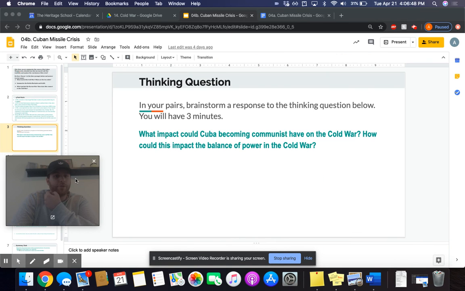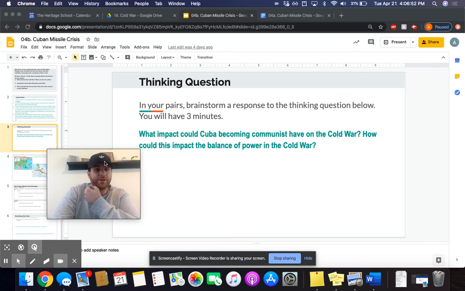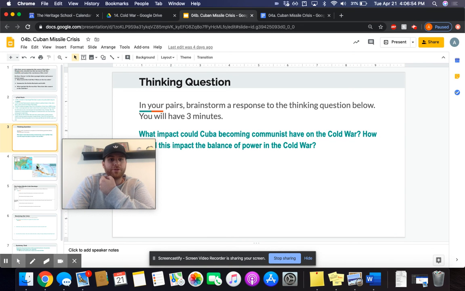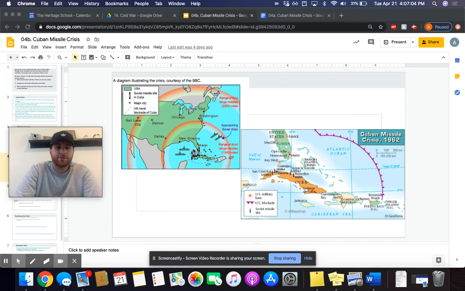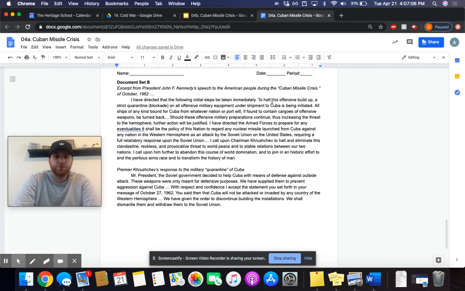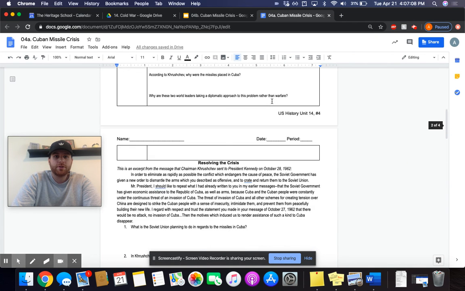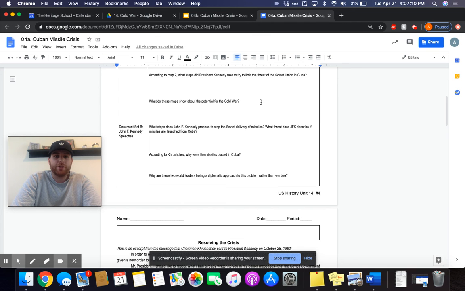The PowerPoint as well will have this information. So you can see the next slide has the maps, and then the slide after this, I'll put the text for the reading as well. So you're going to be using those maps.